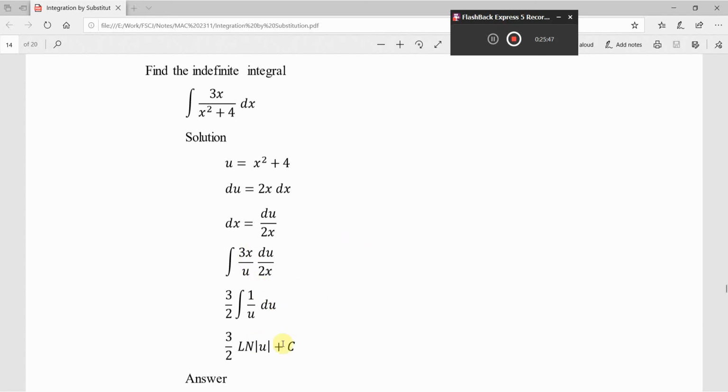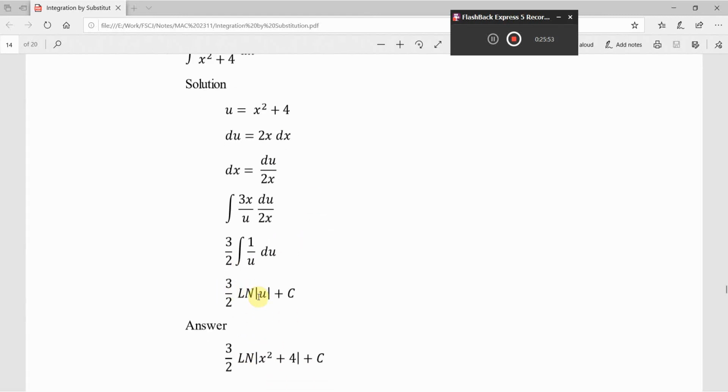The antiderivative of 1 over u is the natural log of the absolute value of u. So I have 3 halves times the natural log of the absolute value of u plus a constant. And now I'm going to replace u with x squared plus 4. So I have 3 halves times the natural log of the absolute value of x squared plus 4 plus a constant.